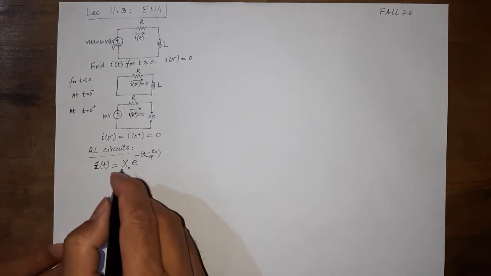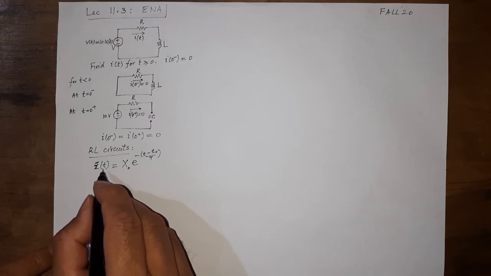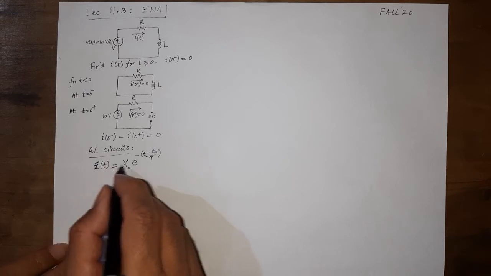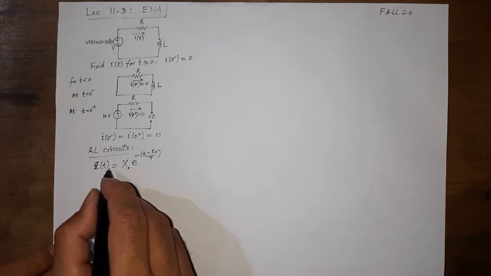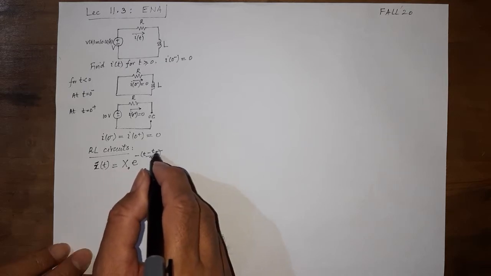No, I think I have written the expression that was there for the case of the natural response of a circuit. So the actual formula is not this. Okay, let me just rewrite it completely.